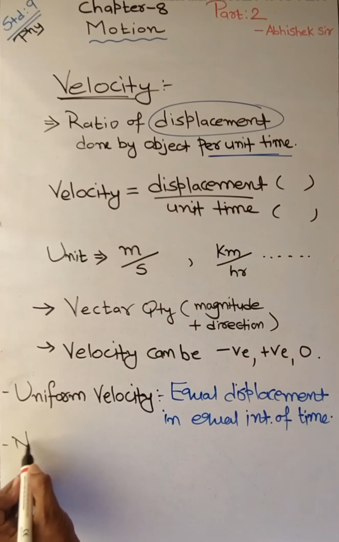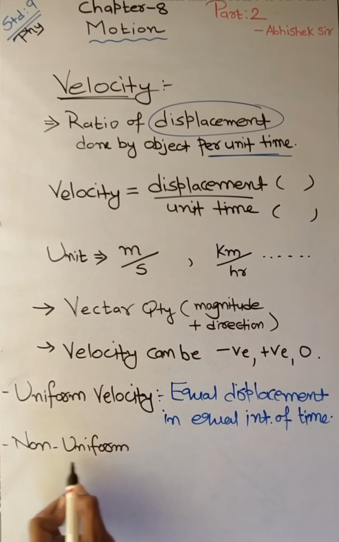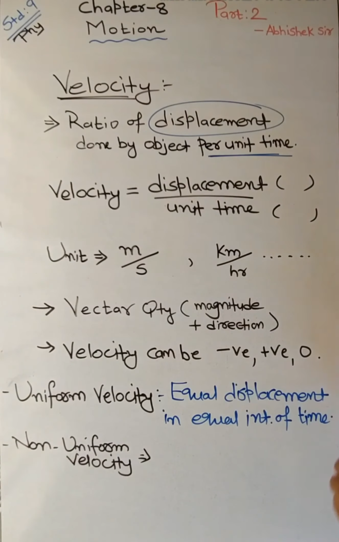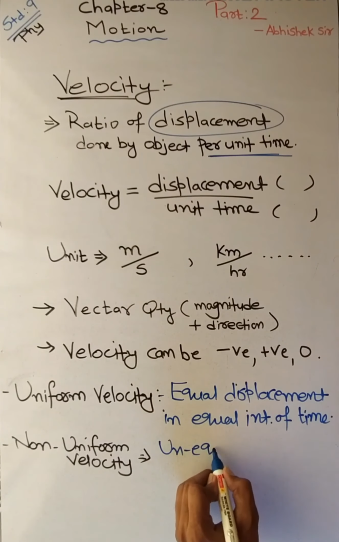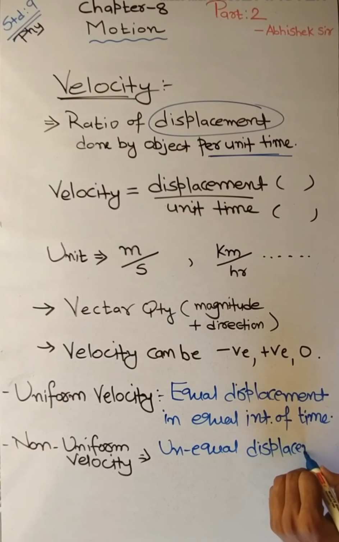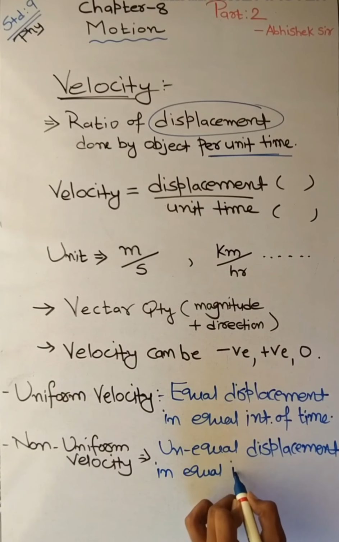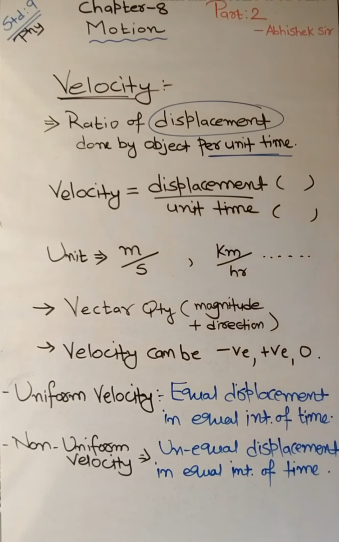What about non-uniform velocity? Can you make your own definition of non-uniform velocity? Can you guess? Yes, if the object is doing unequal displacements in equal intervals of time, it is said to be in non-uniform velocity, right?